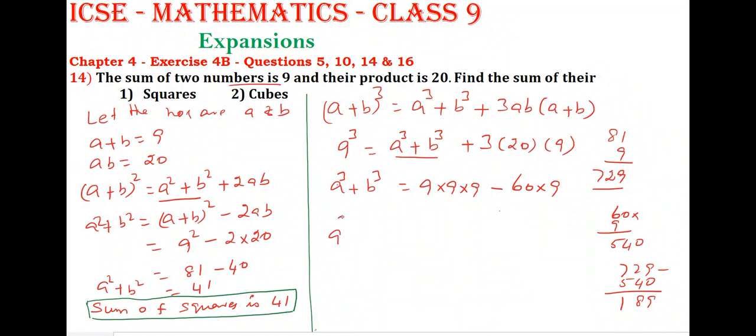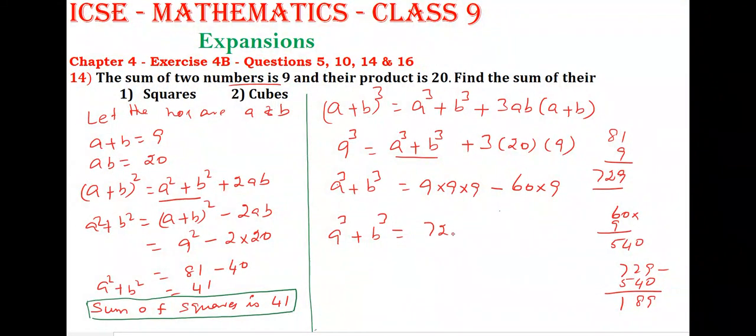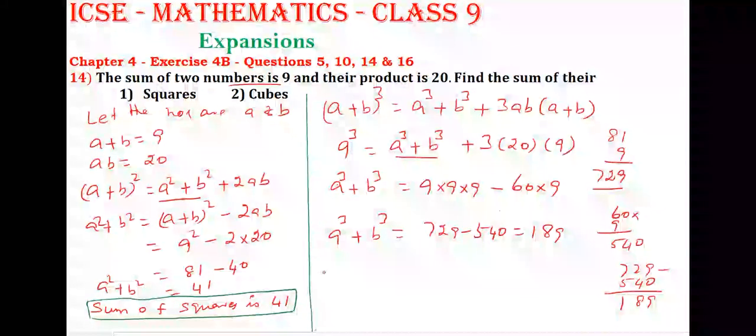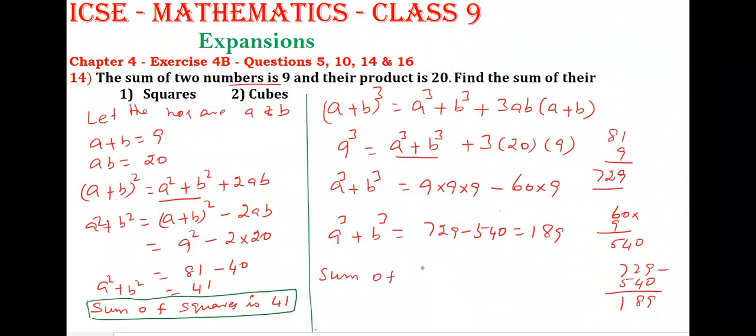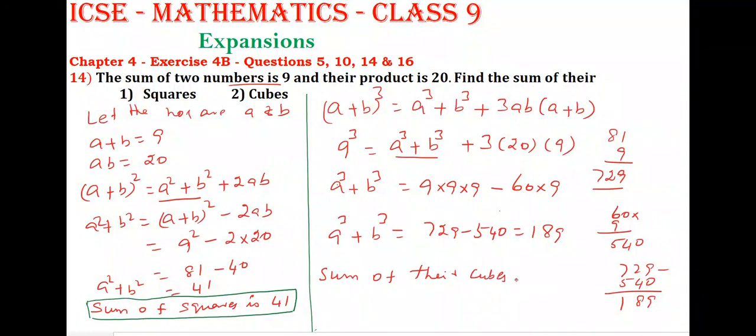So now A cube plus B cube equal to 729 minus 540 equal to 189. So this is the second answer. So the sum of their cubes is 189.